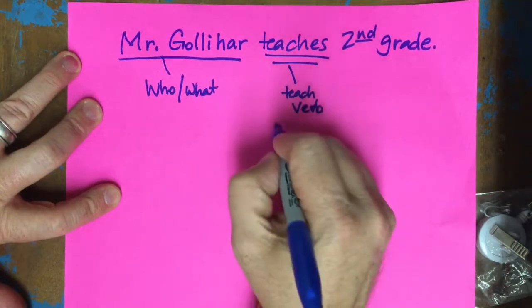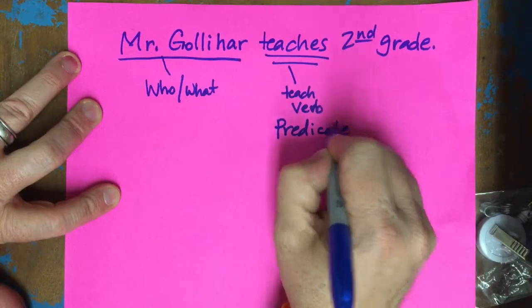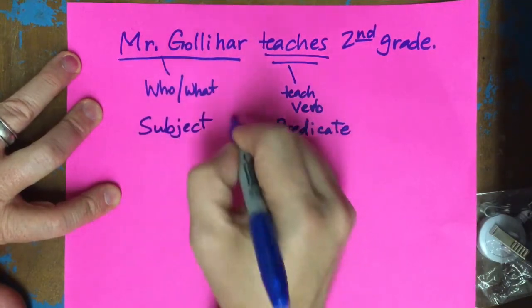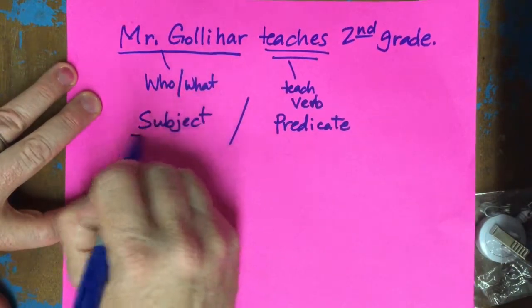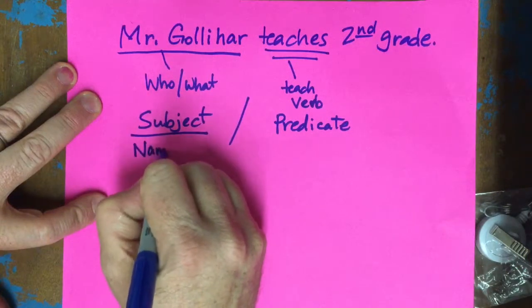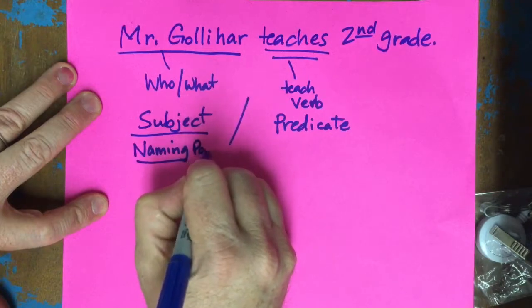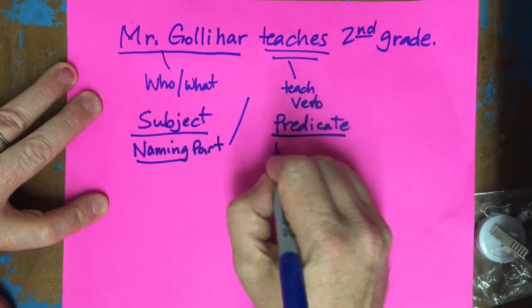We are exposing the students to the vocabulary predicate. So you have a subject and predicate. One of the ways that we teach subject is that it is the naming part of a sentence. And then the predicate is the telling part of a sentence.